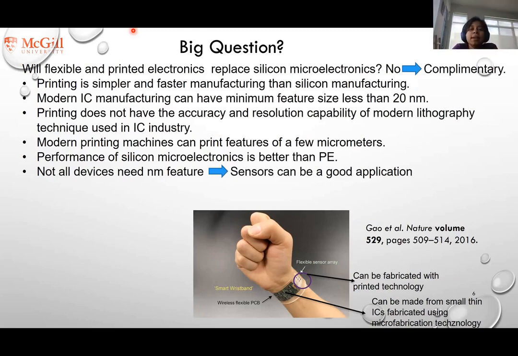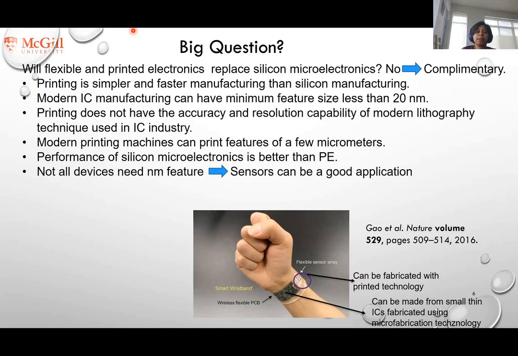So the big question is, will flexible and printed electronics replace the conventional IC manufacturing process or conventional microfabrication technology? And in my opinion, I would say no. And I'll say the reason.